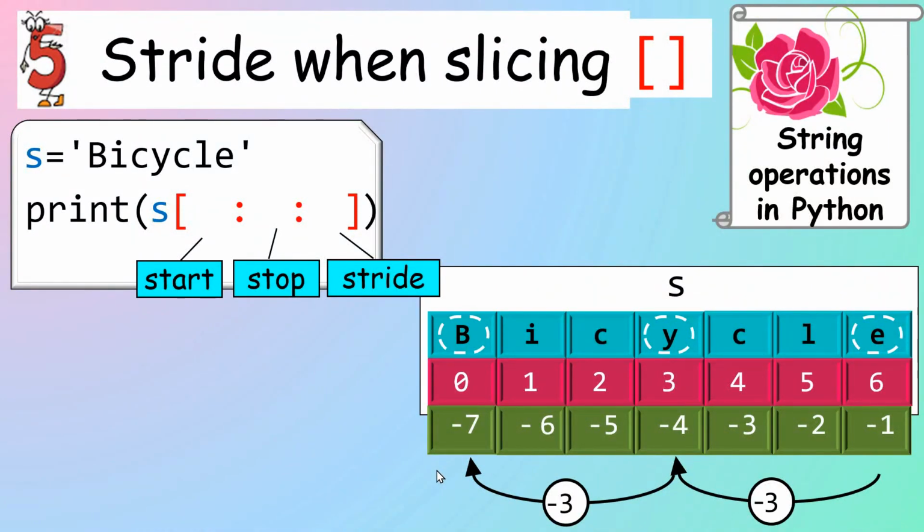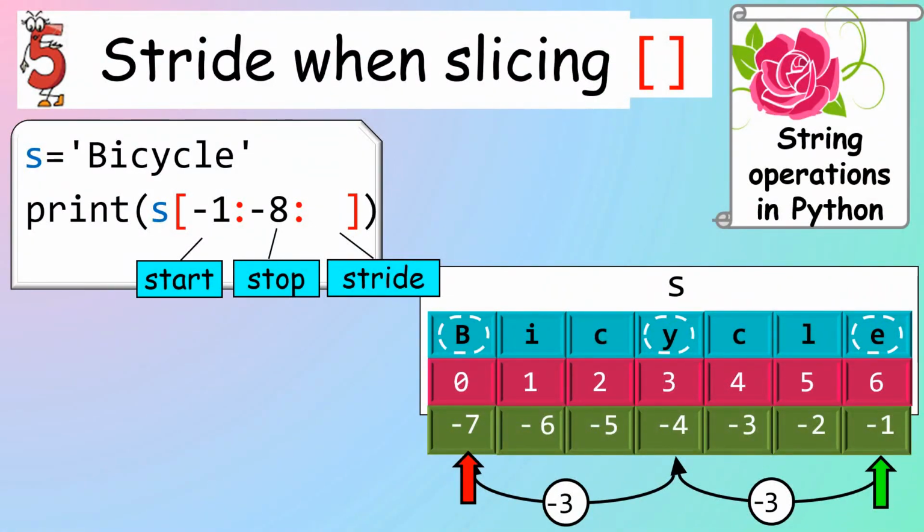The characters which you want to slice are E, Y and B in the reverse direction. The negative index of E is -1, so in the start index value, you give -1. And the negative index of the character B is -7, so you have to give the stop value as -8.